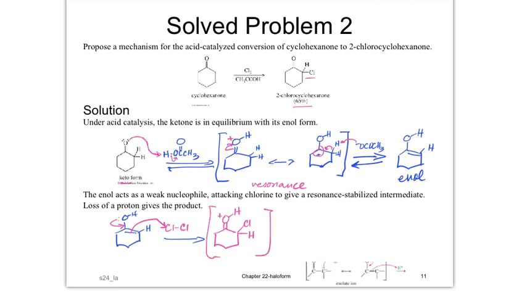So there's a resonance for that. And then the final step will be the chloride could take the extra proton and give us our chlorinated alpha position. And we can stop there if we don't have excess chlorine, because the acid catalyzed reaction will allow us to do that, plus HCl.